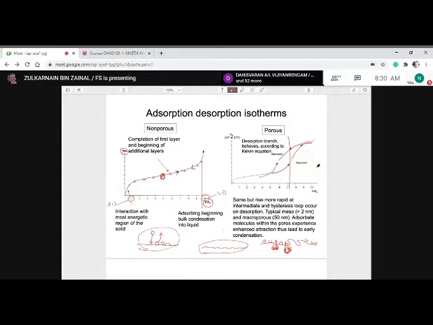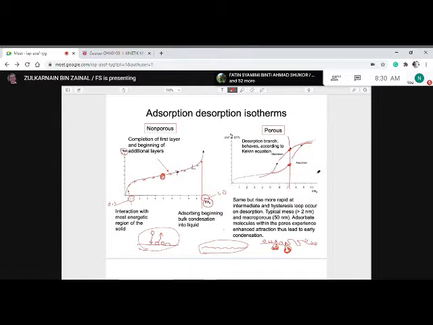At certain pressure, you can see at this pressure, right? So the amount adsorbed and the amount desorbed are different, right?